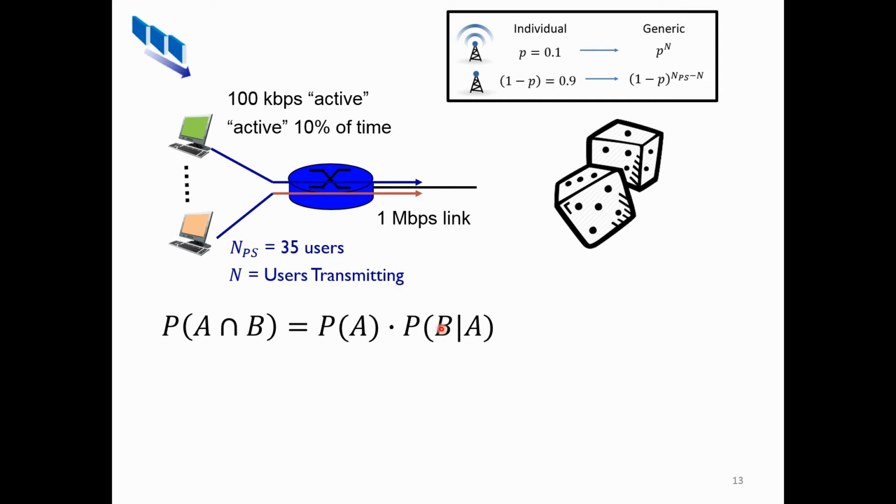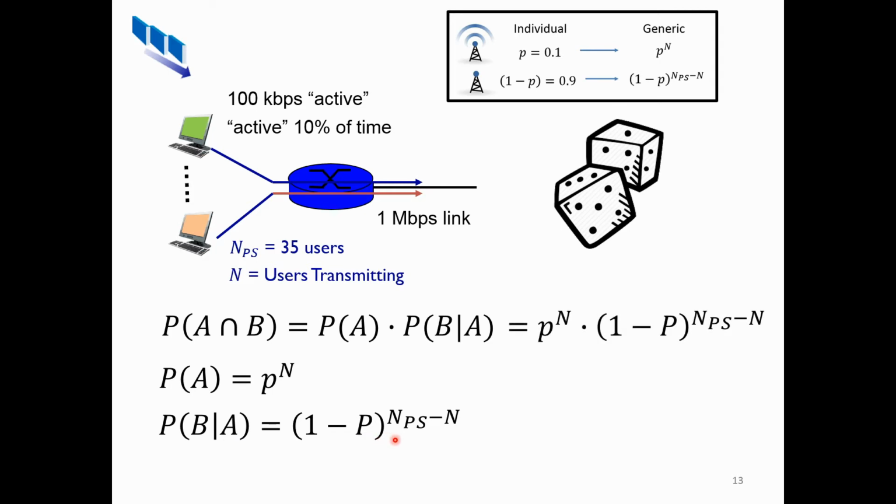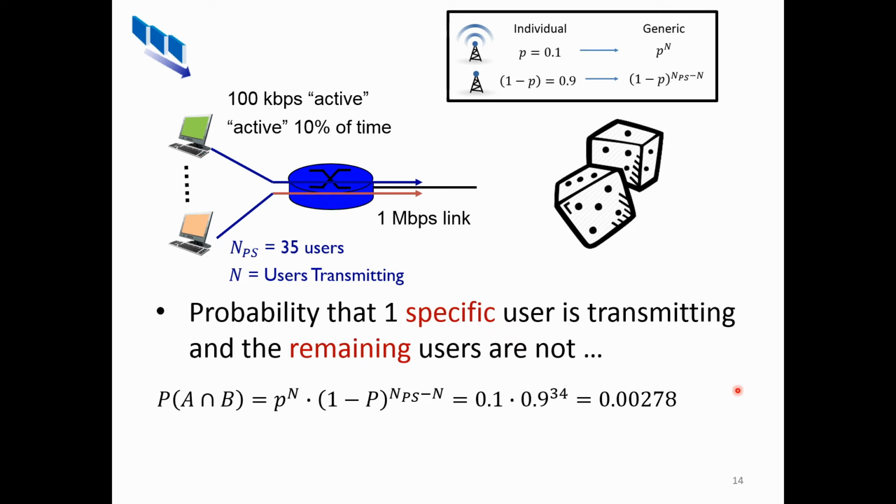The probability of event A, one user transmitting, times the probability of event B, all other users not transmitting, is given by the multiplication of my generic equations. If we plug in some numbers for one specific user transmitting and other users not transmitting, the probability is 0.278%.